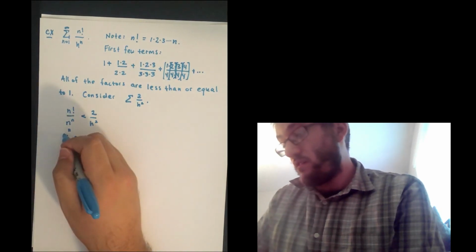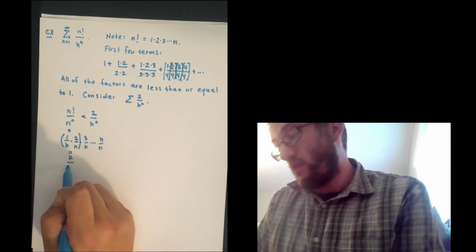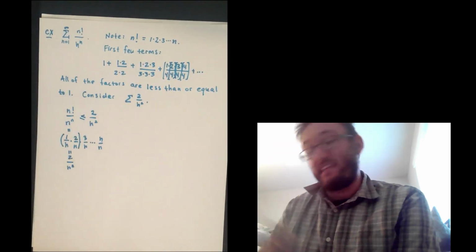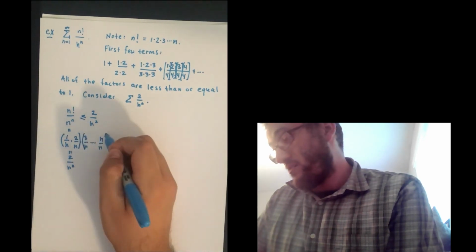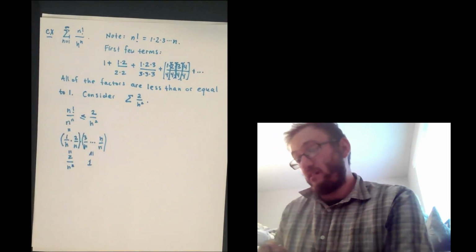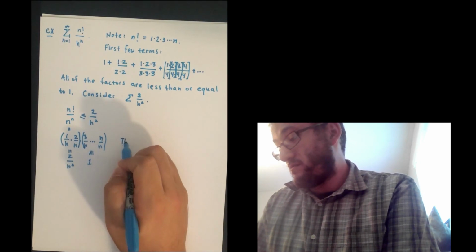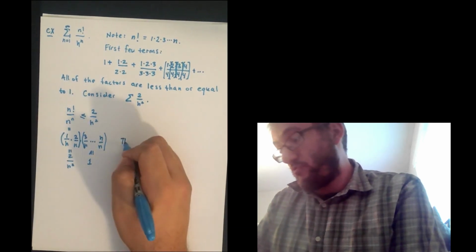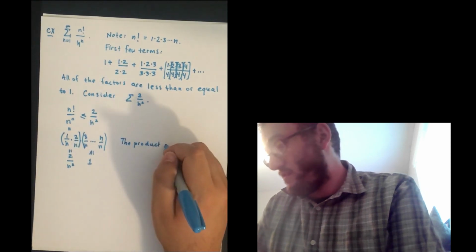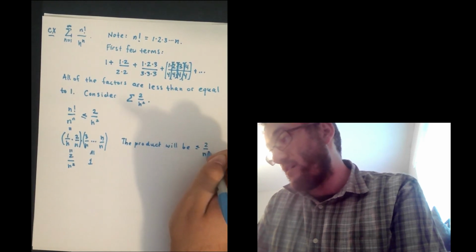Okay? So this part is equal to 2 over n squared. Okay, so maybe let's make this less than or equal to, even though generally it is less than. This part is less than or equal to 1. Okay? So that means that the product will be less than or equal to 2 over n squared.